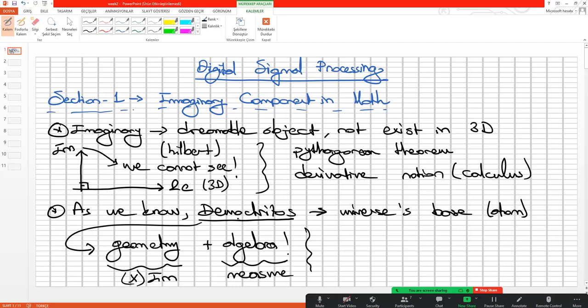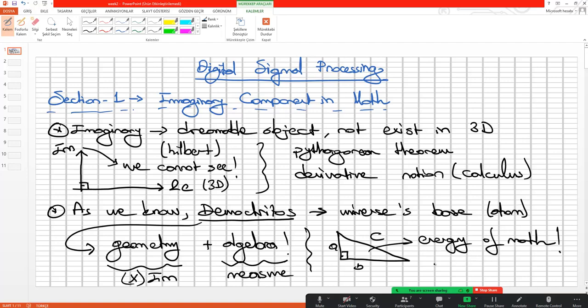what's the relationship between the atom and the Pythagorean in here? We can say that just like the universe, the Pythagorean theorem is the basis of math. And so this is represented with the energy of the math, right?